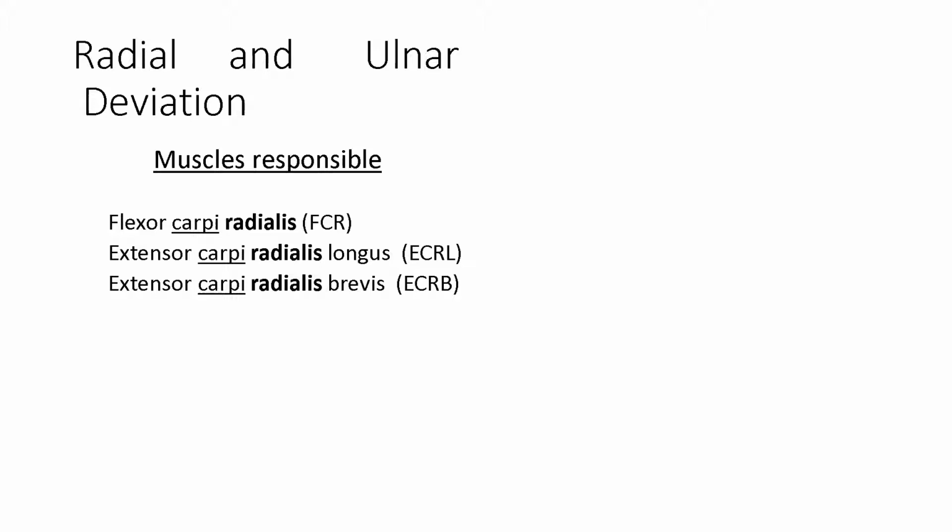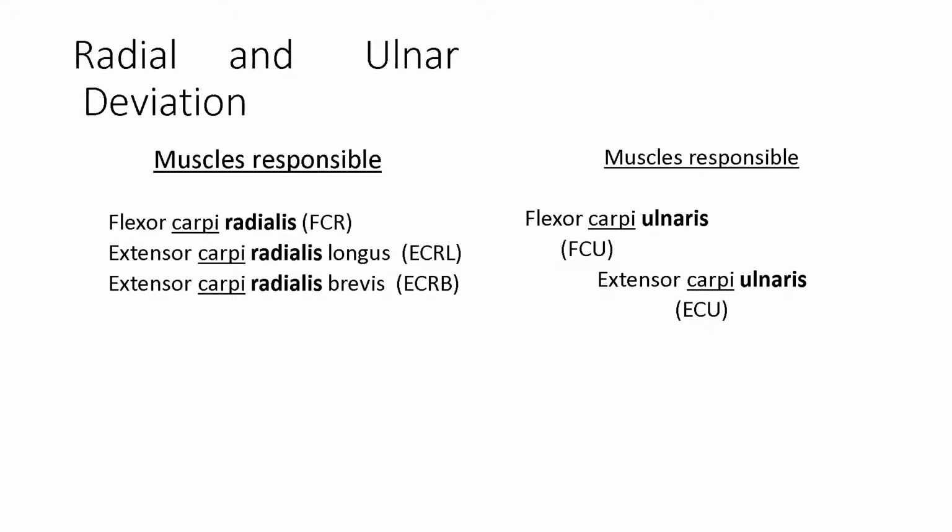Because they say radialis, they are both on the radial side, and when they contract together, they pull the wrist into radial deviation. For ulnar deviation, we have the flexor carpi ulnaris and the extensor carpi ulnaris, both responsible when they contract at the same time to move the wrist into ulnar deviation.